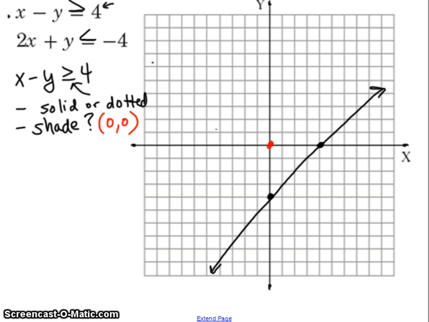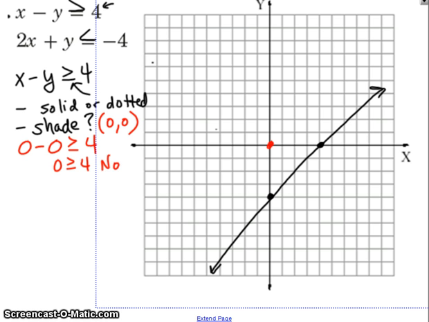In this case, 0, 0 is not on the line, which is good because that's the easiest one to use. I'm going to plug it in for x and y in my inequality to see if it works. So I have 0 minus 0, is greater than or equal to 4. So 0 is greater than or equal to 4. Is that true? No. I feel like we're getting a lot that say no, but that's okay.